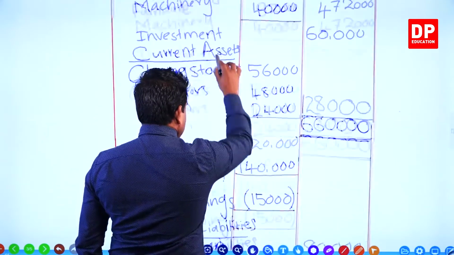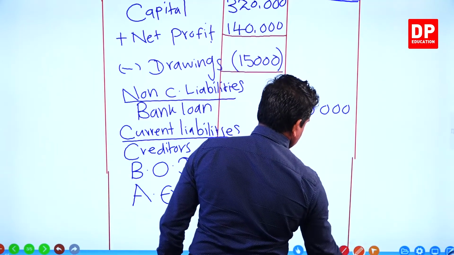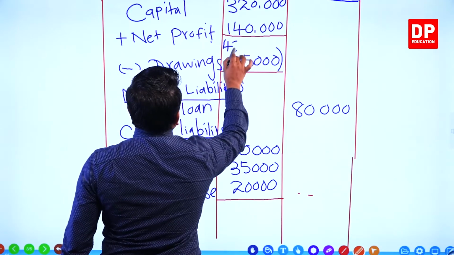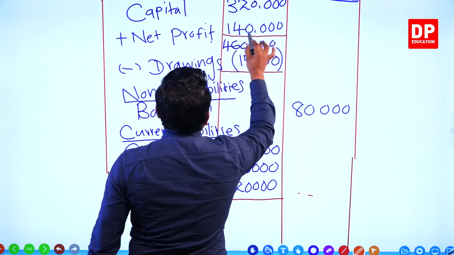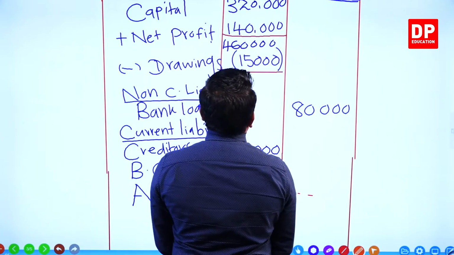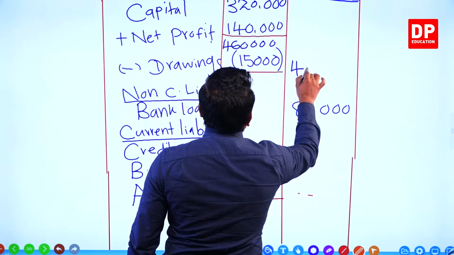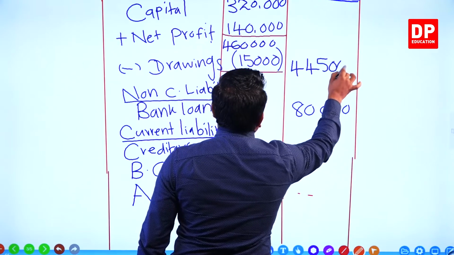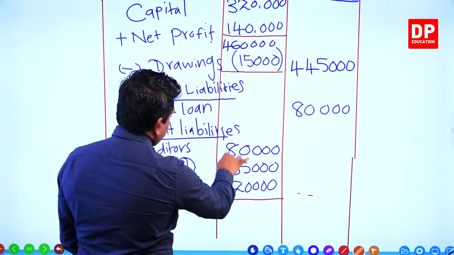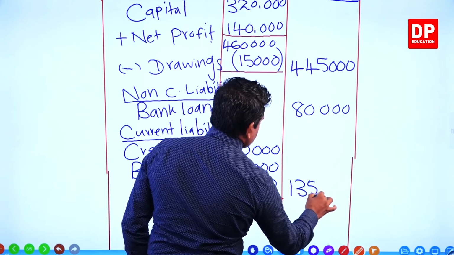Now we go to the other side. Right? Then 460,000 minus 15,000. Then 45,000. Then here 80,000 only. Here 135,000.